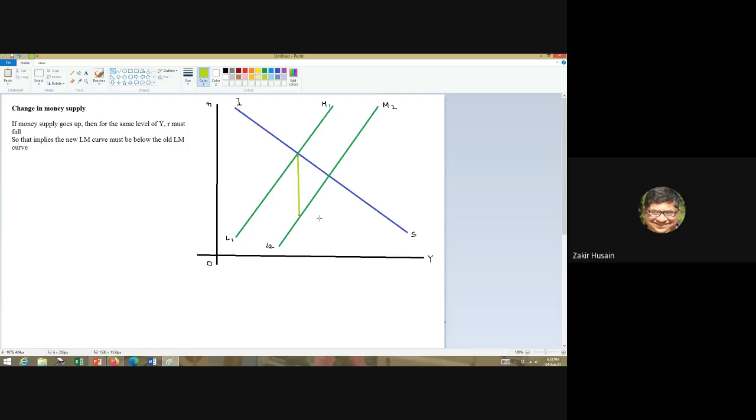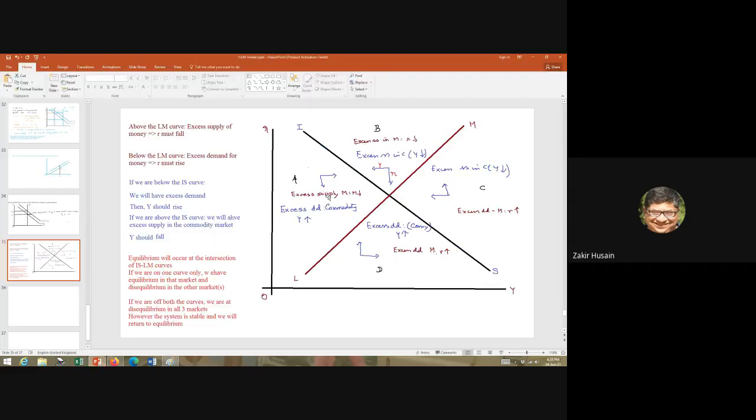Now we are at equilibrium in the money market, right? But are we at equilibrium in the commodity market? No. Where are we? Excess demand or excess supply? Excess demand. We are at this point.